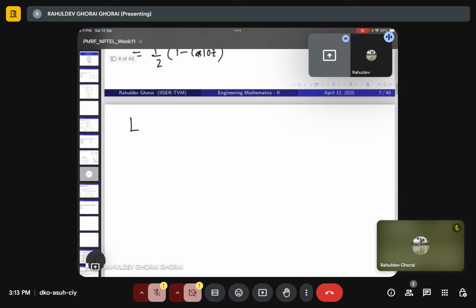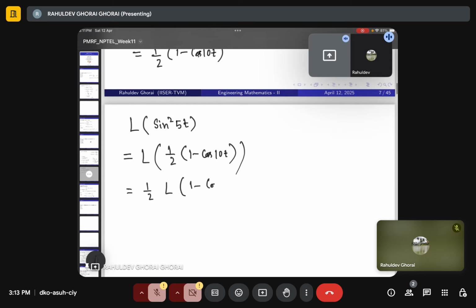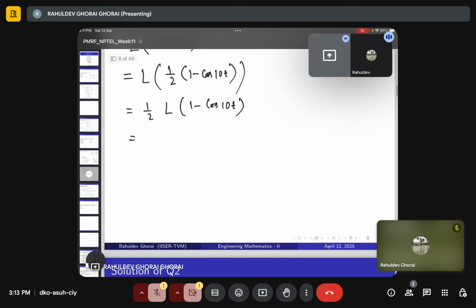So L of sine square 5t is equal to L of half times 1 minus cos 10t, equal to half L of 1 minus cos 10t, and that is equal to half L of 1 minus half L of cos 10t.